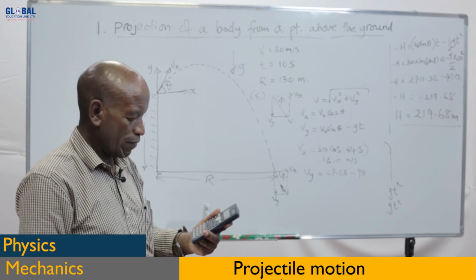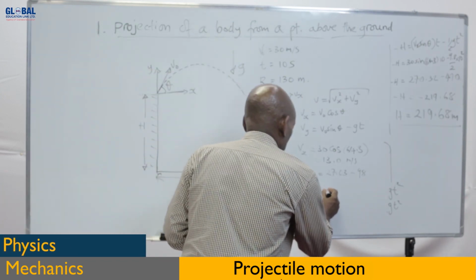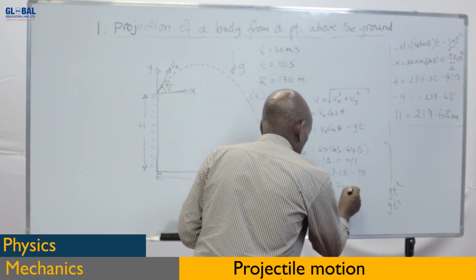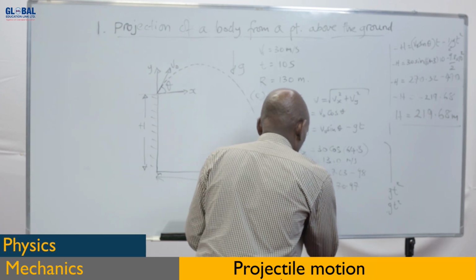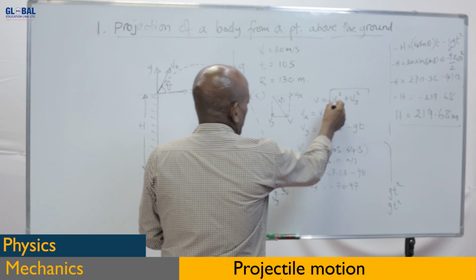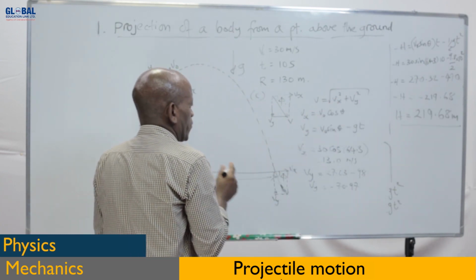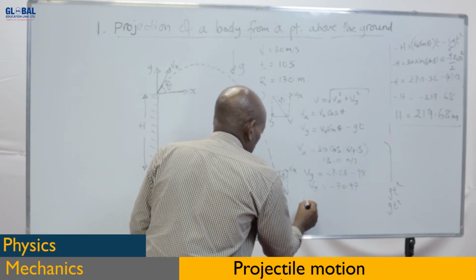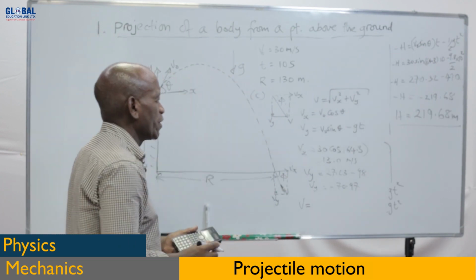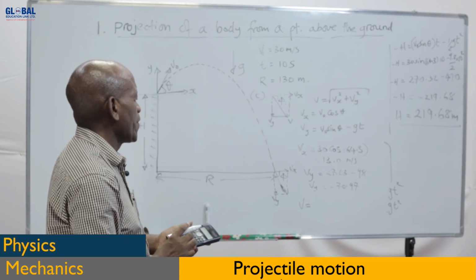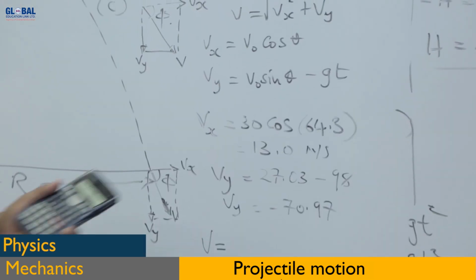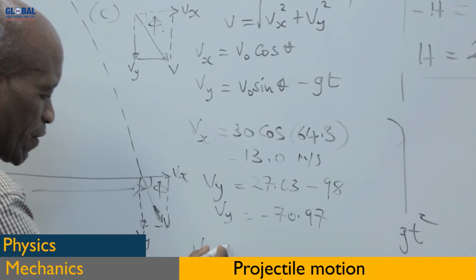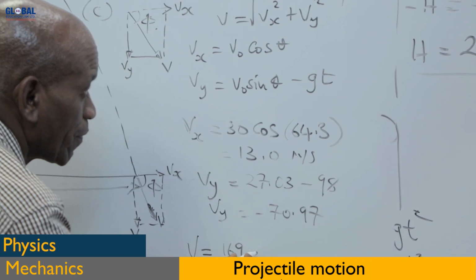So this is equal to negative 70.97. This is Vy. So we are substituting these values into the expression above to get V. If we substitute into that expression, Vx squared, it is 13 squared, which is equal to 169.